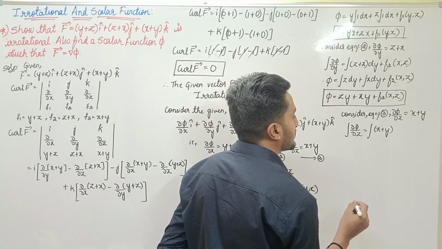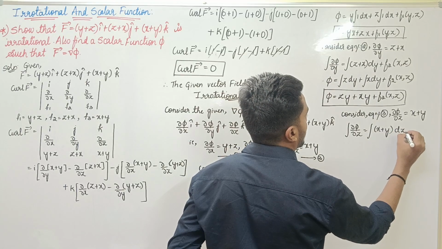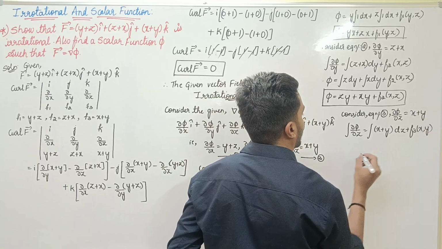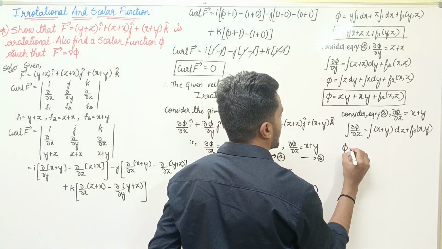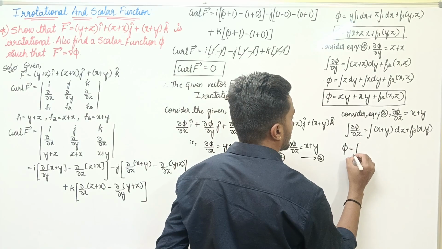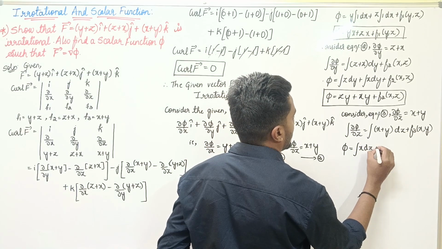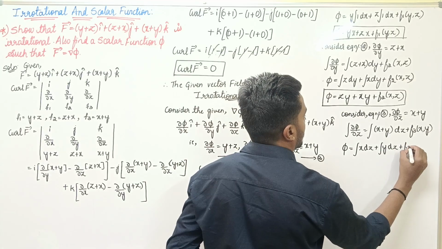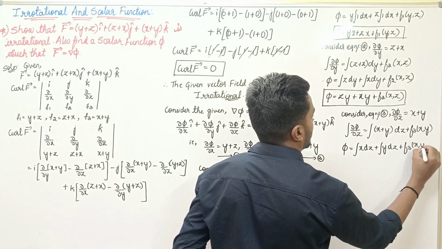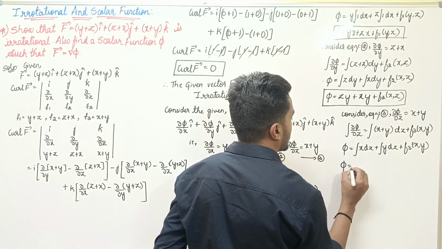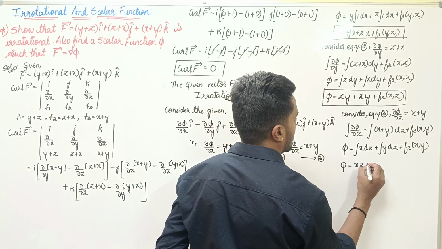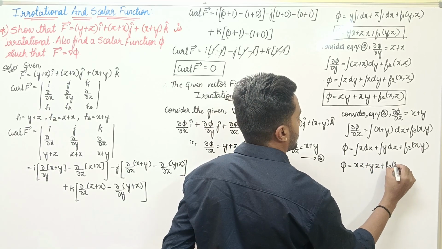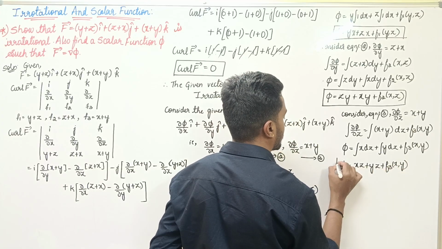Since I am going to integrate with respect to dz, f3 will be constant on x comma y. Integration and differentiation get cancelled, phi is equal to integration of x dz plus integration of y dz plus f3 of x comma y. Phi is equal to xz plus yz plus f3 of x comma y.